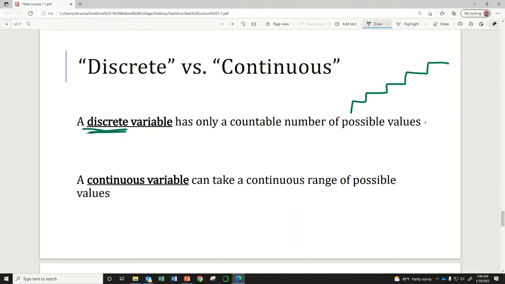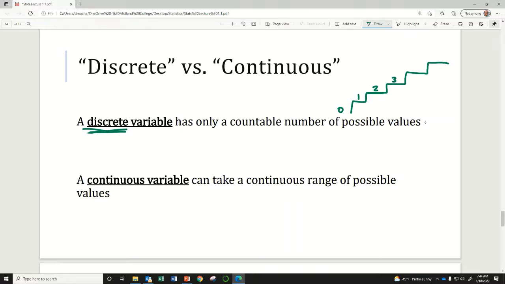At the bottom of the staircase, you are 0 feet above the floor. On the first step, you're 1 foot above the floor, and on the second step, you're 2 feet above the floor, and so on. And so your height on the staircase has to be one of these discrete values. You can't have a value in between these steps.